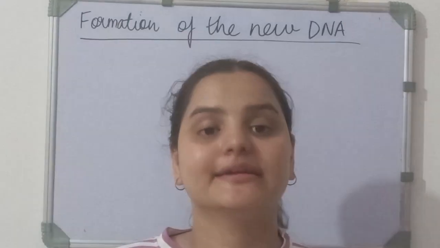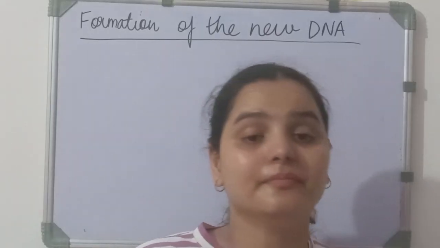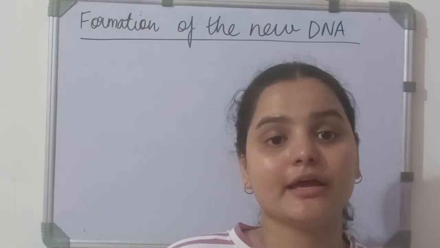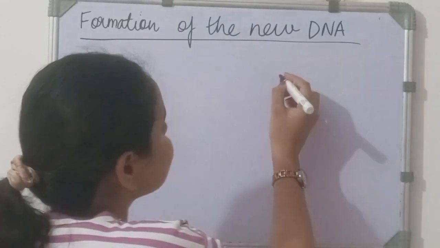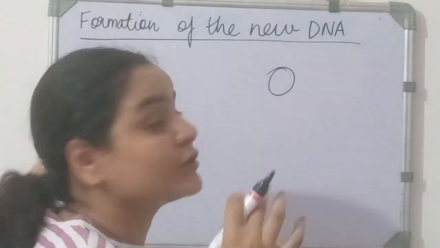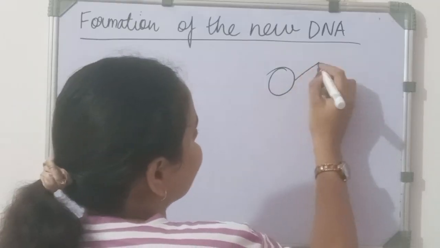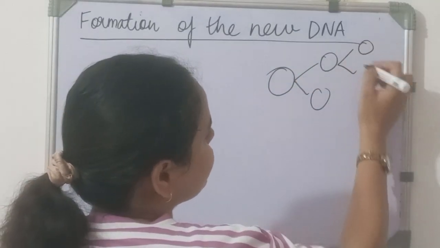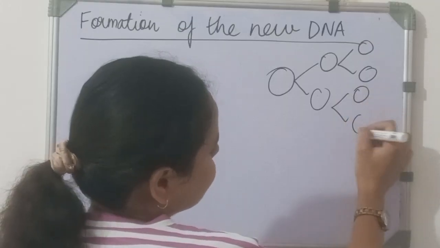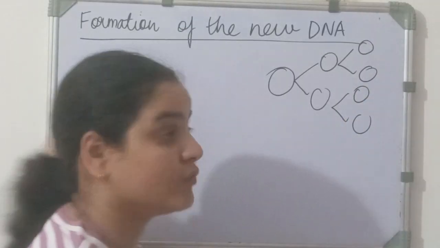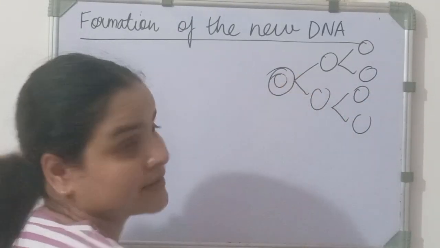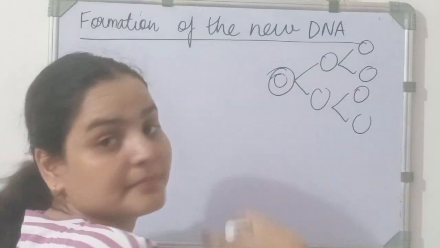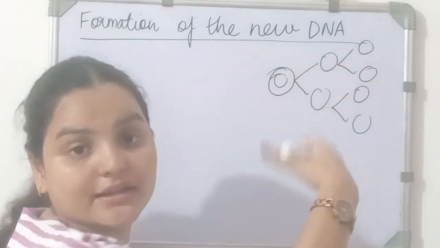Before understanding how DNA is formed, let's understand why we need new DNA. We know that within a second our body produces so many cells, like from one cell, two new cells are formed, and from these, two further new cells are formed. So whatever content was there must be getting duplicated and transferred to the other cells.